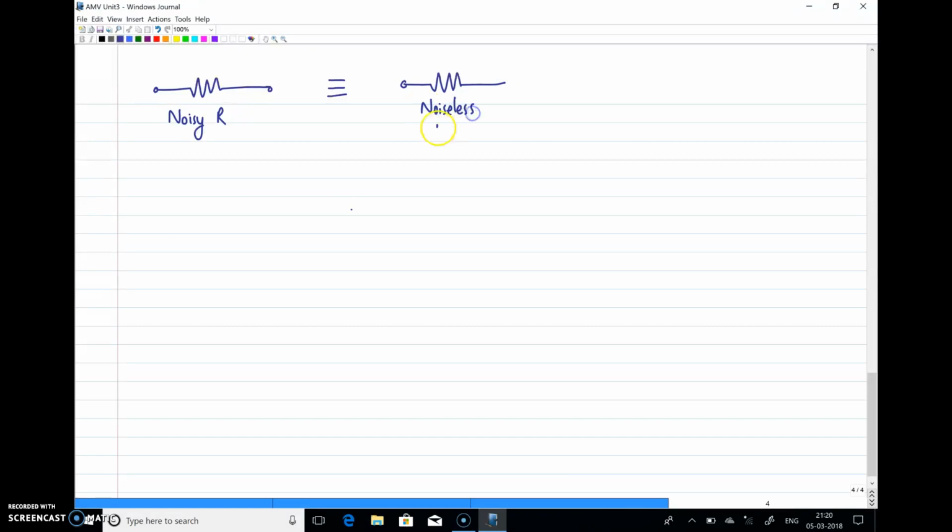If I want to represent this as a noiseless resistor, then the noise should be expressed explicitly with a series voltage source whose value is Vn square bar, the average noise power in the resistor, or it can be represented as a noiseless resistor in parallel with a current source, which is In square bar.